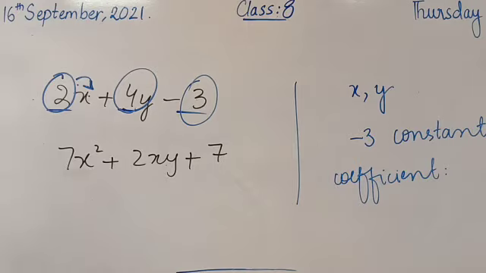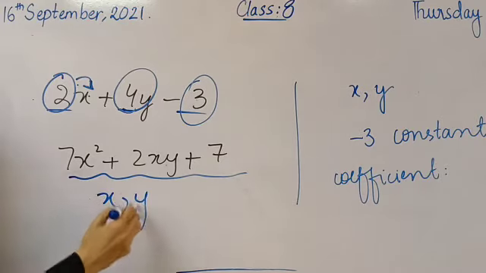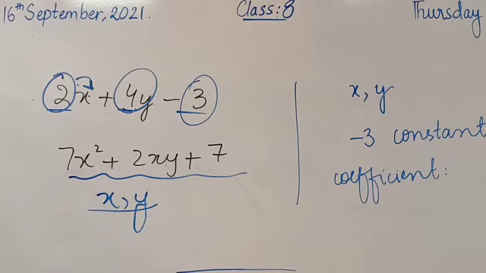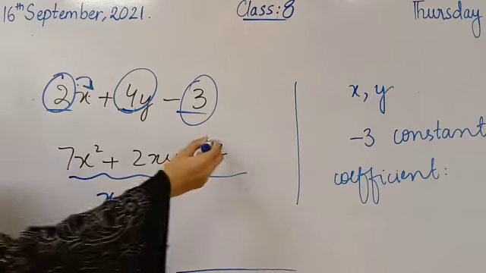Now see this. In this expression, what are the variables used? x and y. These are the two variables used in this expression. What is a constant? The only number which is written, this is 7.